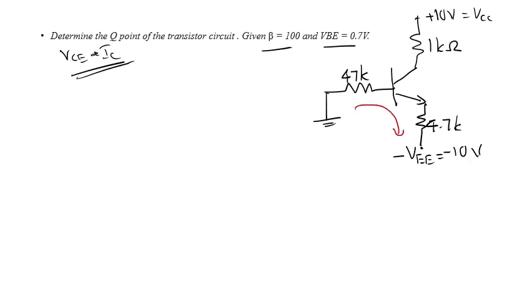So we'll discuss the input circuitry first. So here our VEE is equal to the voltage across this one plus VBE plus this voltage. So sum of the three voltages.